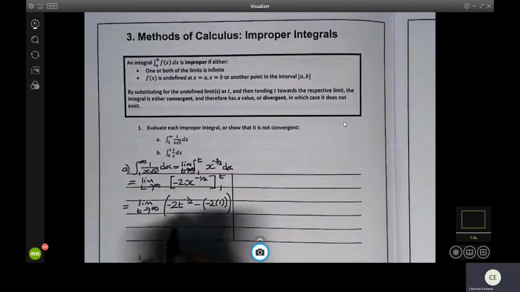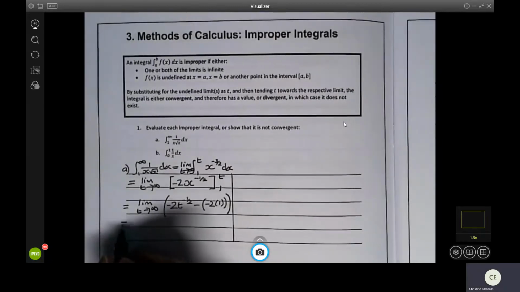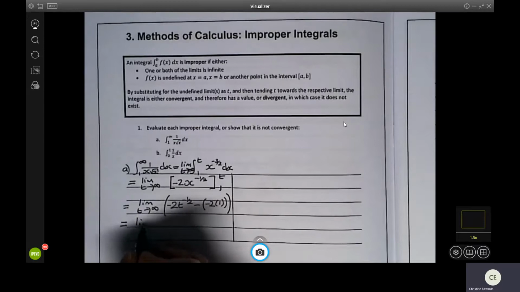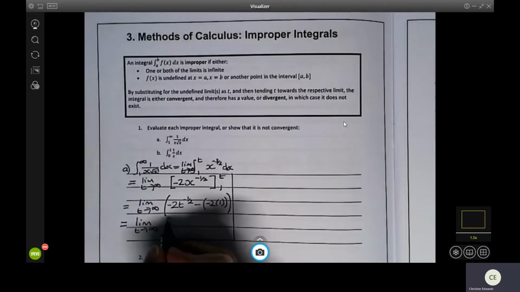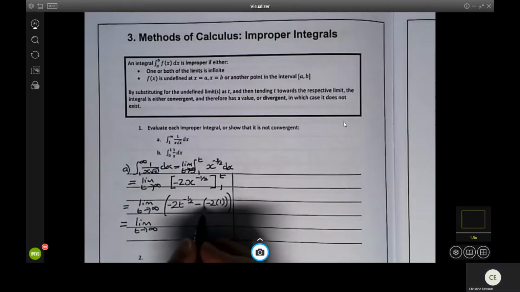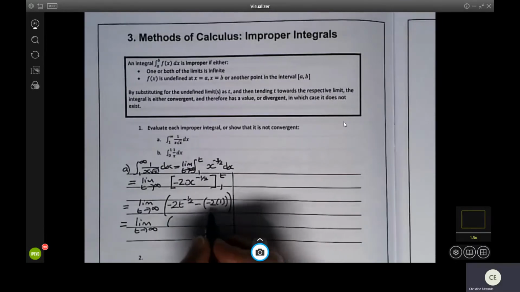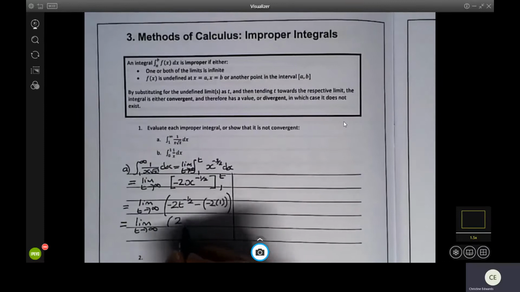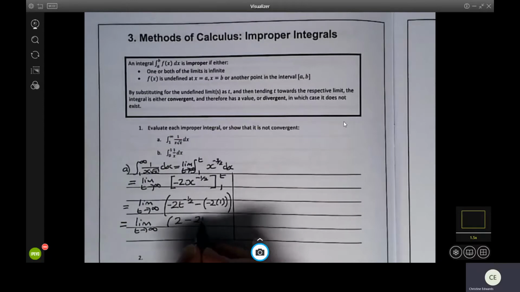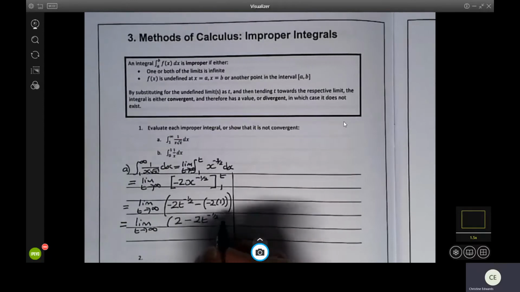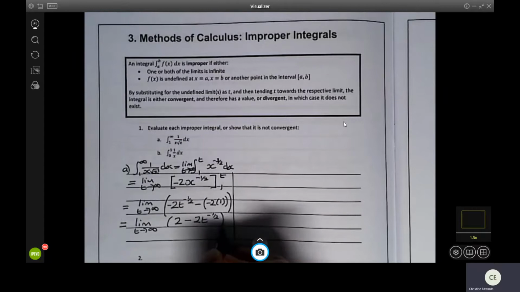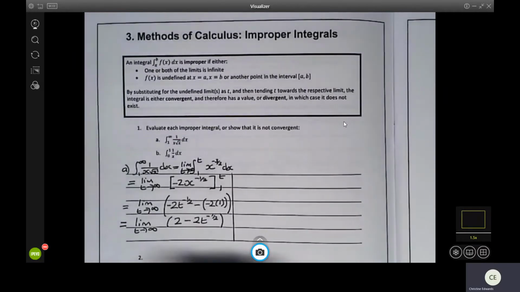So that's my values subbed in. Simplifying, t tends to infinity, and this becomes 2 and minus 2t to the minus a half, as a limit.